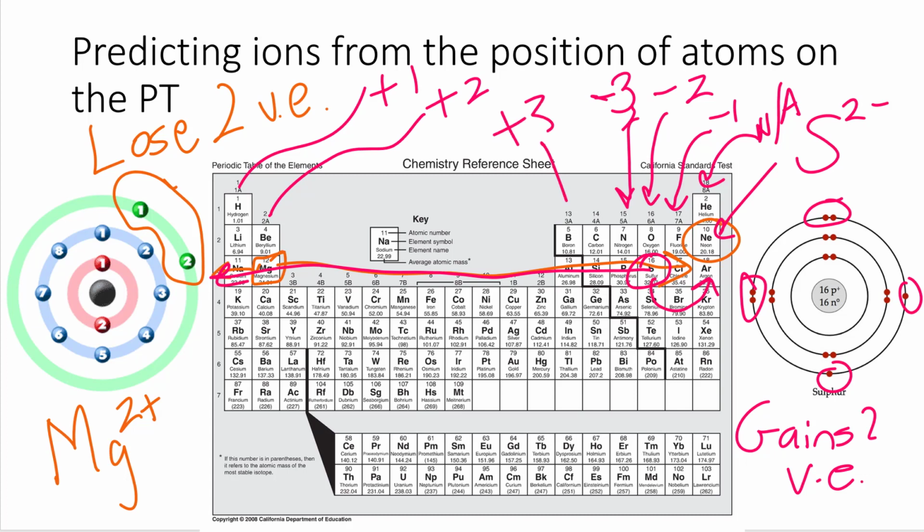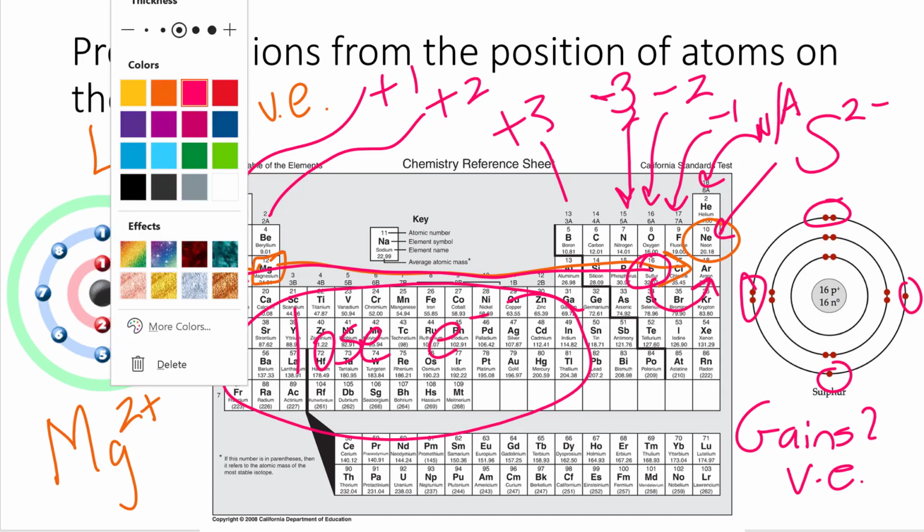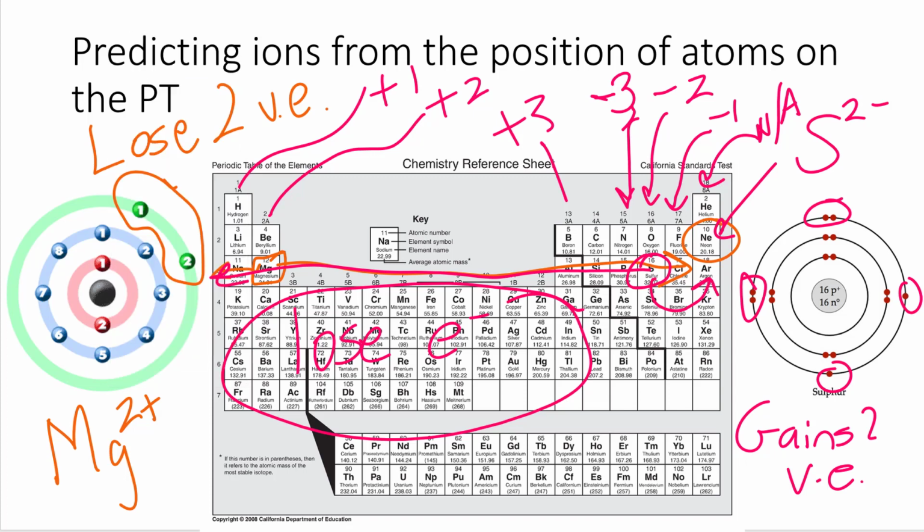So you notice from the left, the atoms want to lose electrons. Metals like to lose their electrons to become like noble gases. And nonmetals here like to gain electrons to become like noble gases. So basically they're trading with each other. Metals lose their electrons, nonmetals gain their electrons.